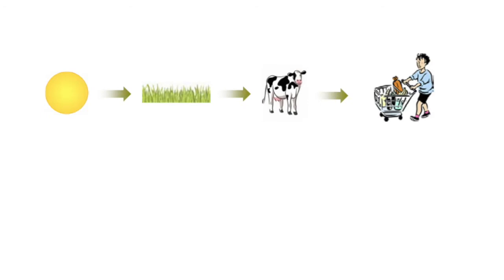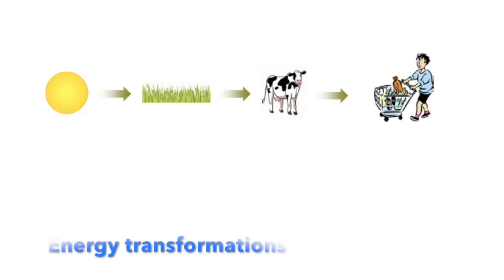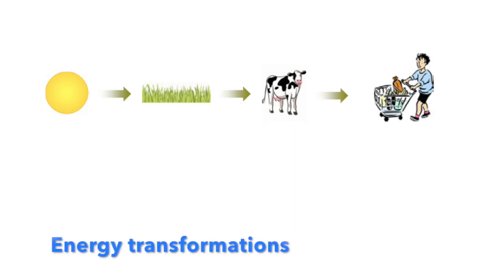Here we have an example of the energy required to produce meat. We have the sun, which is the energy provider for the pasture, and then we have the cow that takes this energy from the pasture, and then we have all the things that are required to get the meat to the final end user, which is the man.